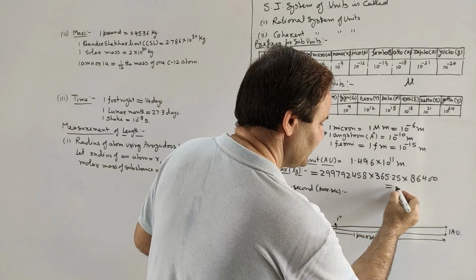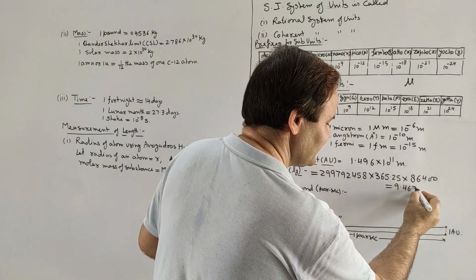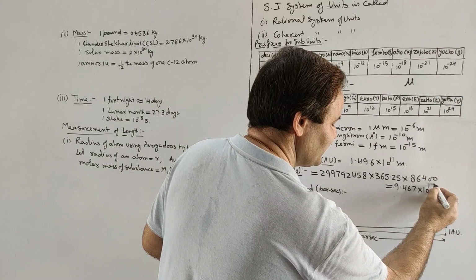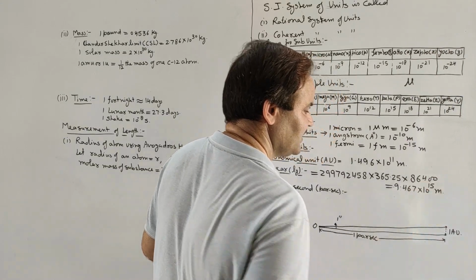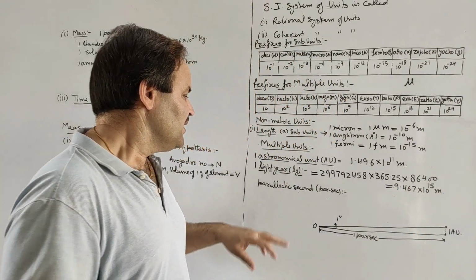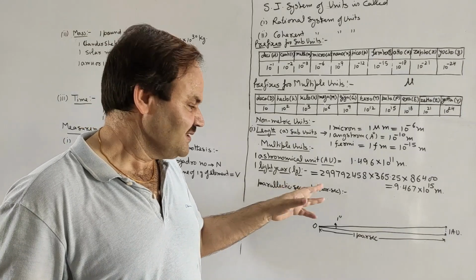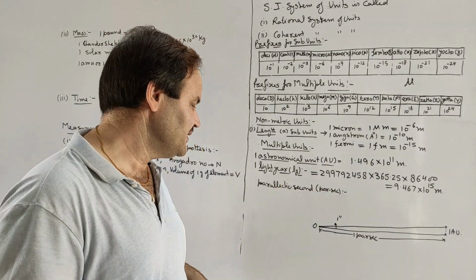So this will be 9.467 into 10 to the power 15 meter. So 1 light year can be easily calculated.